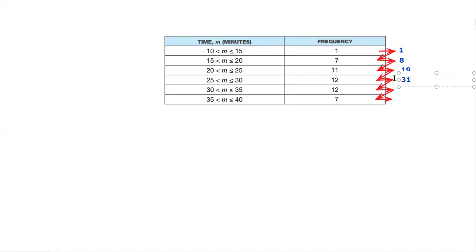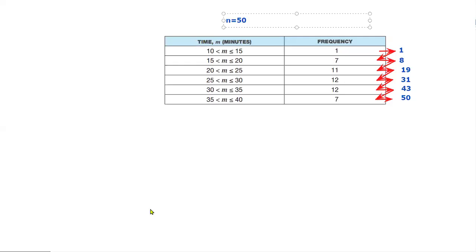If you don't know how to add, you can use the calculator. So 31 plus 12 is 43. And then the last one, 43 plus 7 is going to be 50. So the total number of frequencies is 50. This means that n equals 50. Focus on that, okay? So n equals 50.